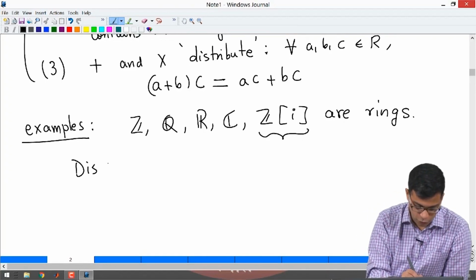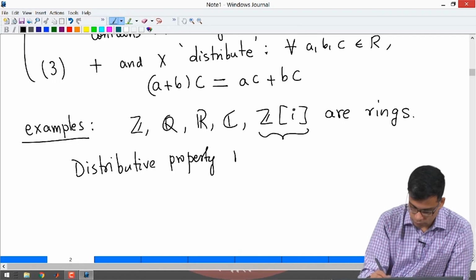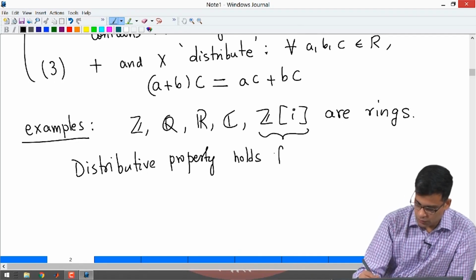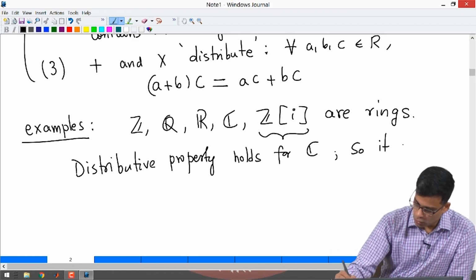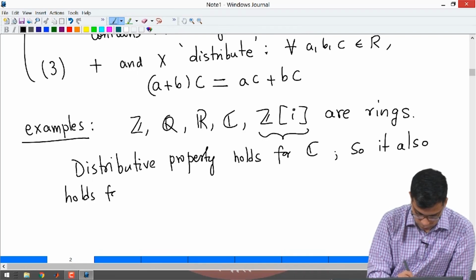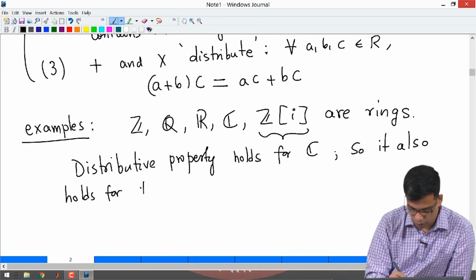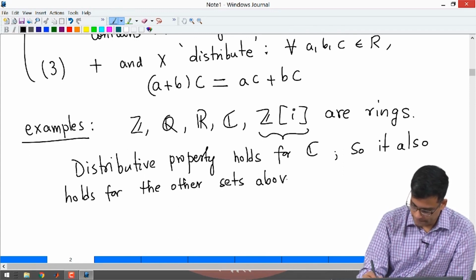So, the distributive property holds for C. So, it also holds for the other sets above. Why is that?